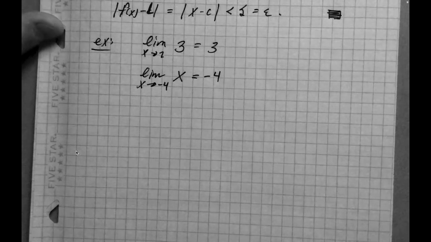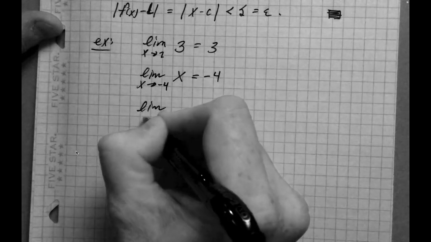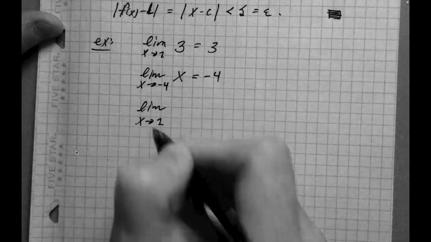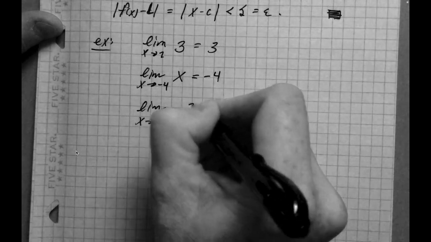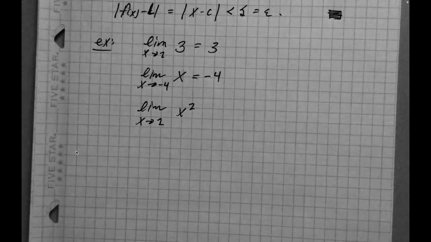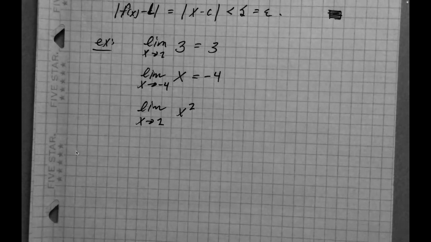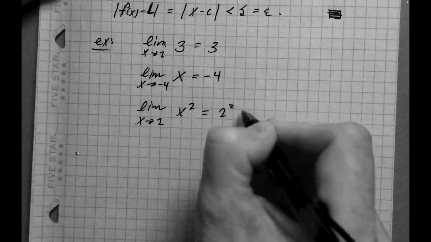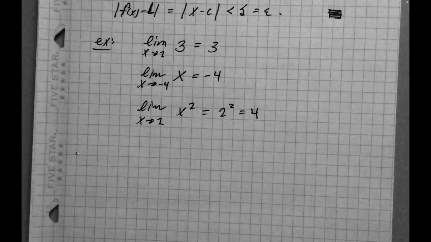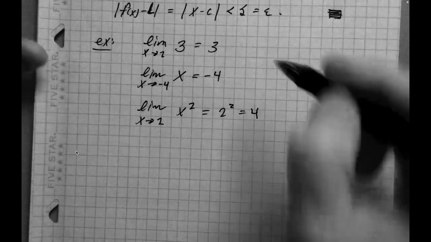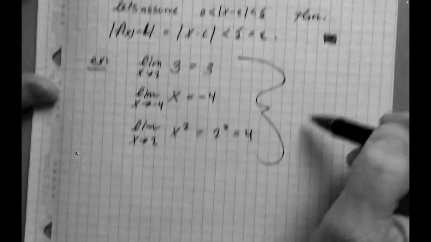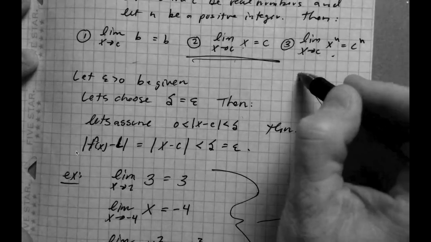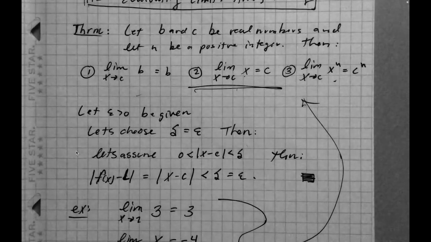The limit as x approaches 2 of x squared. So this would be an x to the n, where n is a non-negative integer. In this case, we would say that it's 2 squared, or 4. So that's a simple, direct application of this theorem up above.